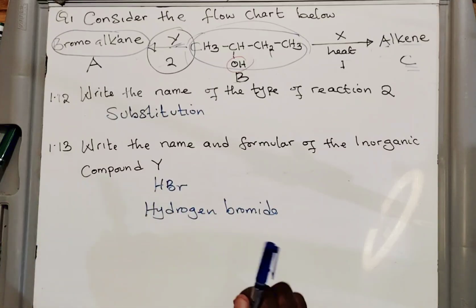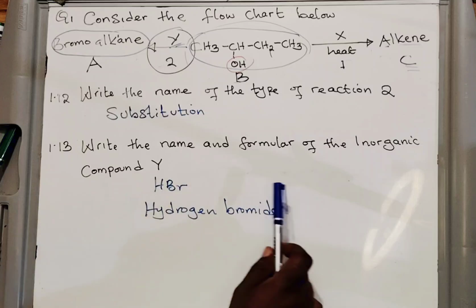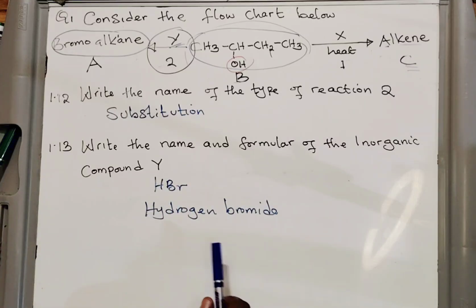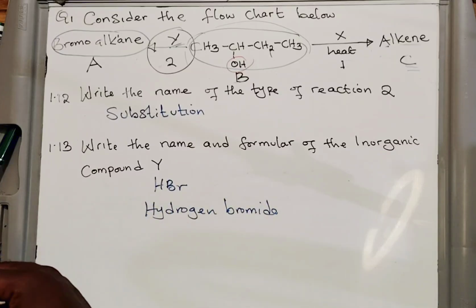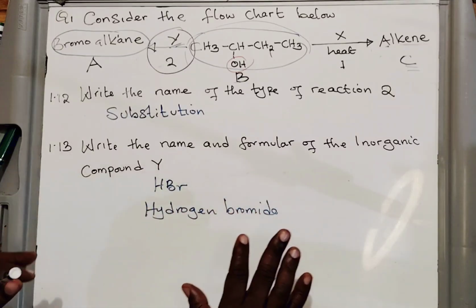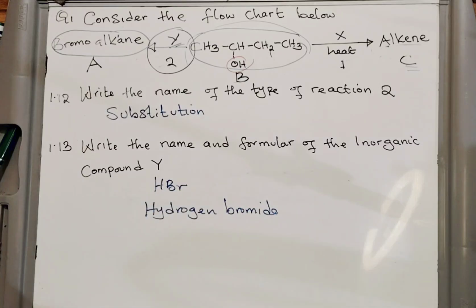Now you have to remember that if this reaction is going to take place, if another question might come about the condition, it's a spontaneous reaction, but you have to avoid water because hydrogen bromide is very soluble in water. So when this reaction is being carried out, we avoid having water anyway because we won't have hydrogen bromide. Okay, let's continue.